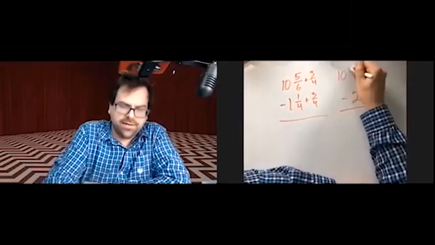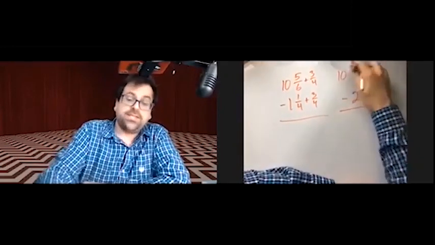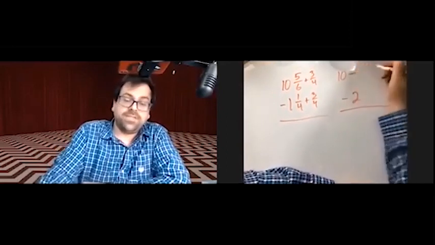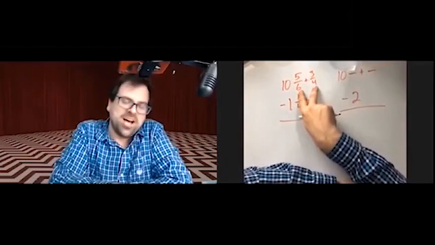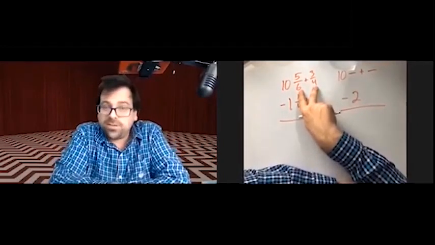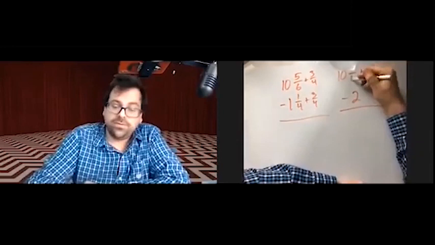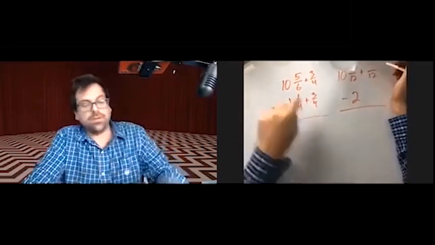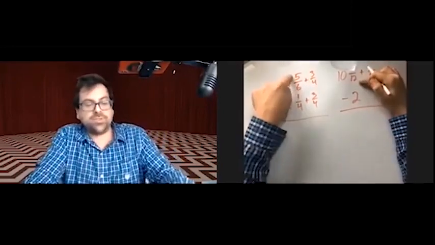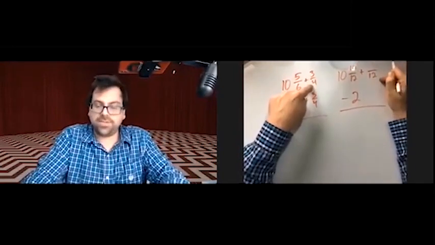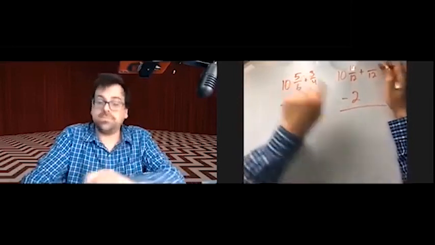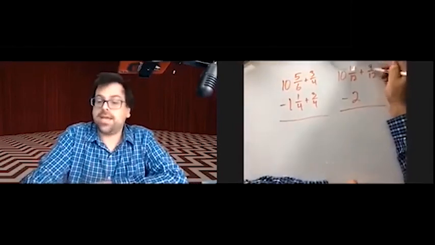We're going to have 10 and some number of somethings plus some number of somethings. What's the common denominator for 6 and 4? It's 12. 6 times 2 is 12. 5 times 2 is 10. 4 times 3 is 12. 3 times 3 is 9.